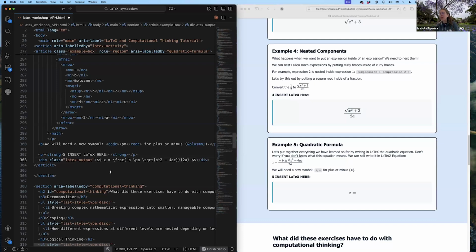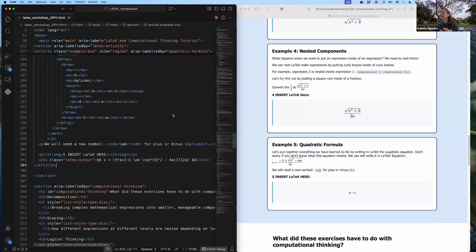So this should read out x equals backslash frac, left brace, -b, backslash PM, backslash sqrt, left brace, b caret 2, dash 4ac, right brace, right brace. That's the whole numerator. And then left brace 2a right brace is the denominator of the fraction.